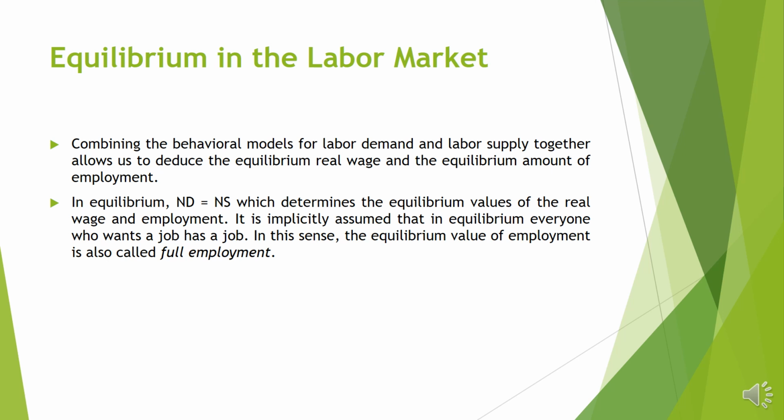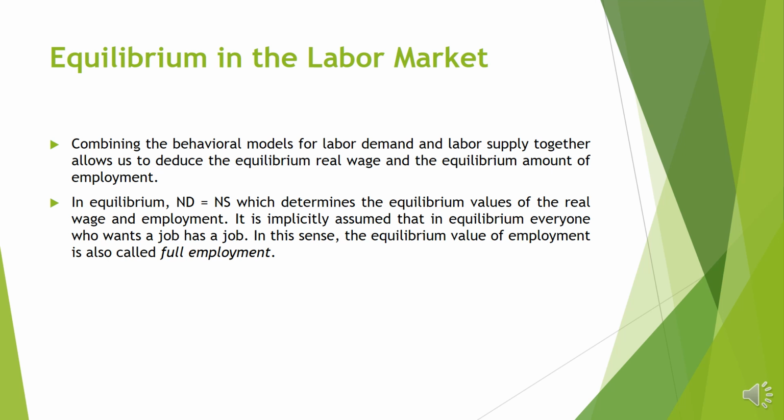Equilibrium in the labor market. Combining the behavioral models for labor demand, that is the downward sloping curve we had already discussed in the previous lectures and previous slides, and labor supply together allows us to deduce the equilibrium real wage and equilibrium amount of employment.